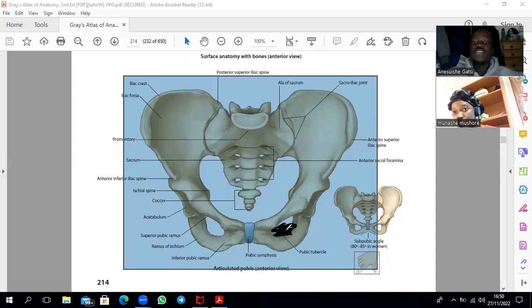It leaves a very small gap at the top, which we call the obturator canal. Through that obturator canal you find the obturator artery, vein, and the nerve, passing to the lower limb to supply the medial thigh.